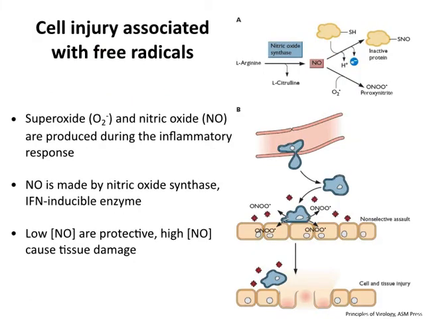One more example, and that's nitric oxide synthase, which is an ISG, an interferon-stimulated gene. We mentioned this last time. It's a gene which is induced by interferon, so viruses are sensed, the cells produce interferon, and the interferons induce ISGs. Nitric oxide synthase makes nitric oxide out of arginine.